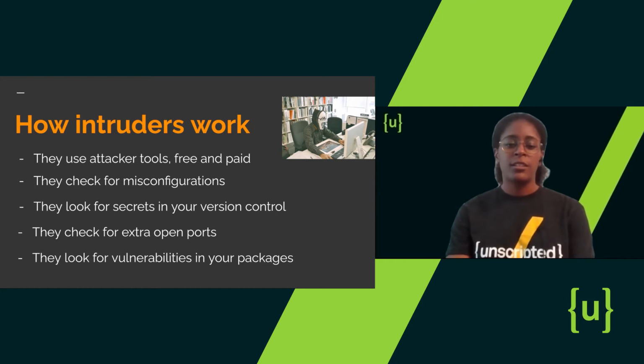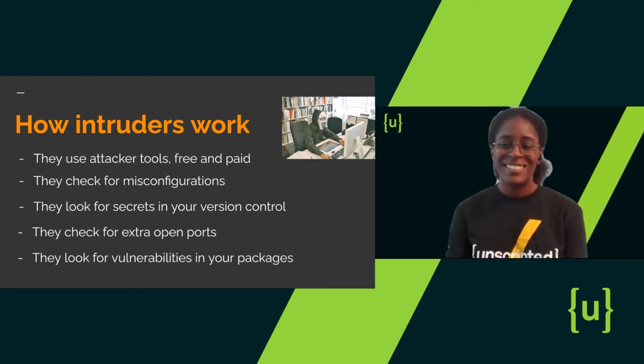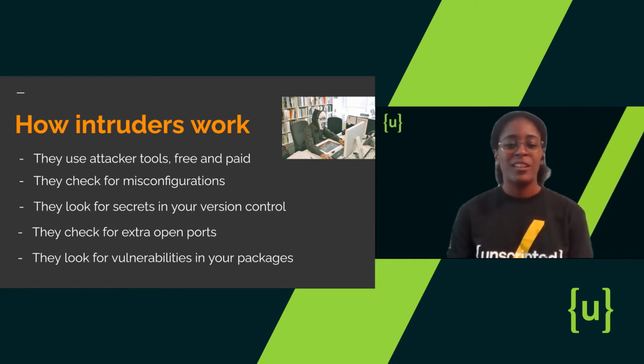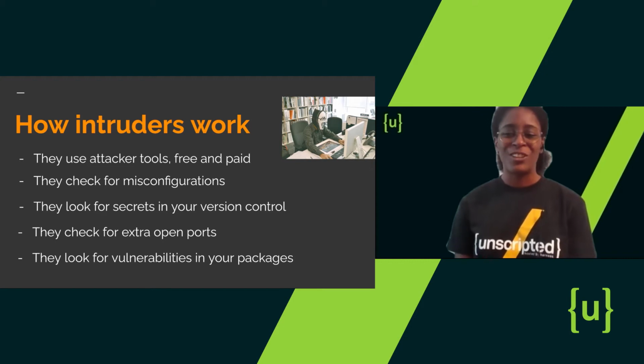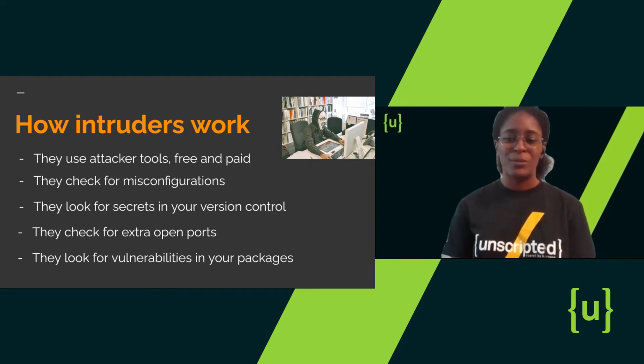And the last thing, probably one of the easiest things, is that they look for vulnerabilities in your packages. I know I'm not the only one who's seen those emails from Dependabot on GitHub. Pay attention to those and actually go update those packages, because if there are serious security vulnerabilities, there are whole reports out there on how to exploit them.